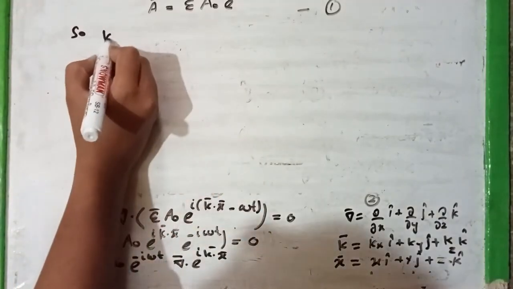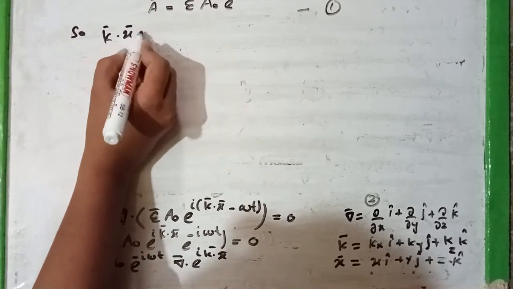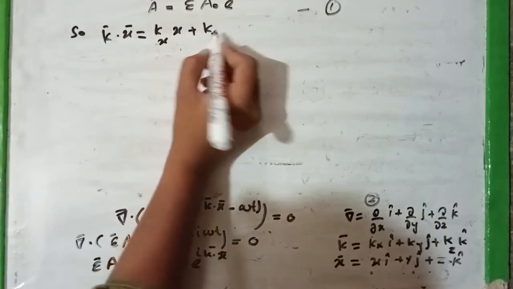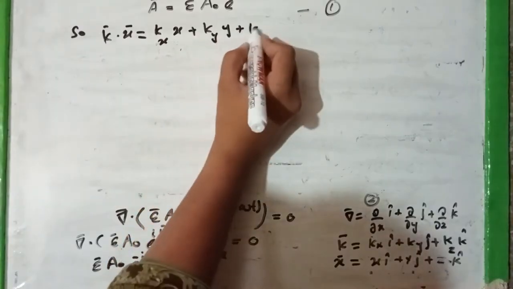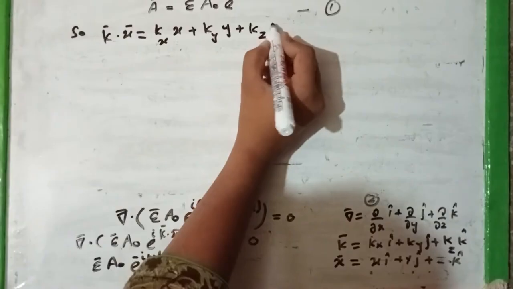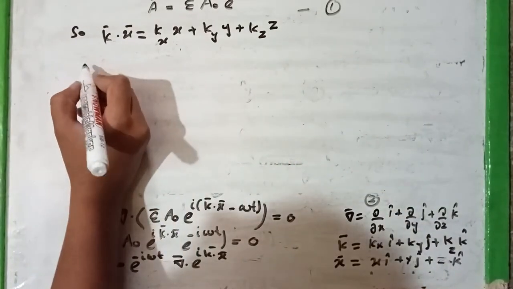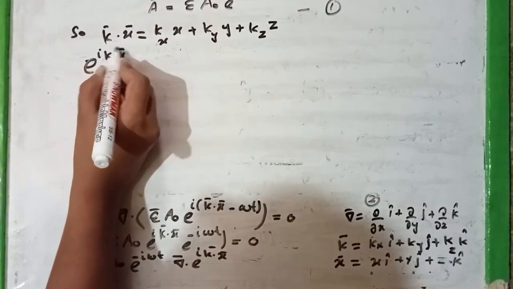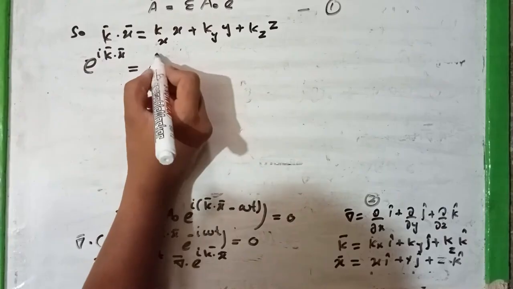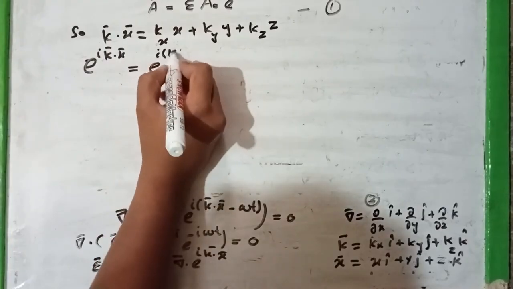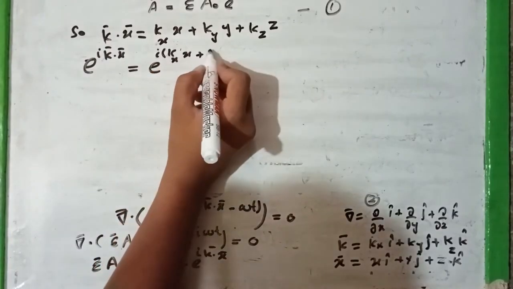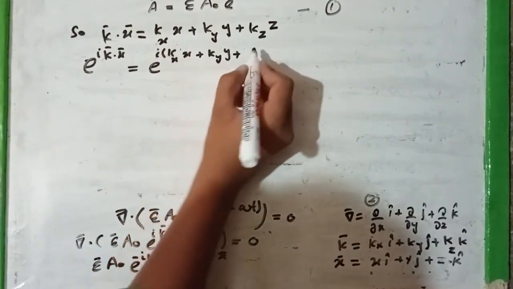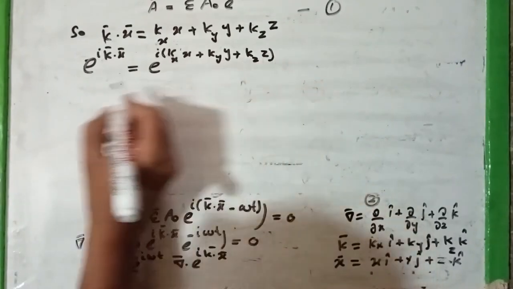So k vector dot x vector is equal to k x x plus k y y plus k z z, and exponent iota k dot x is equal to exponent iota (k x x plus k y y plus k z z).